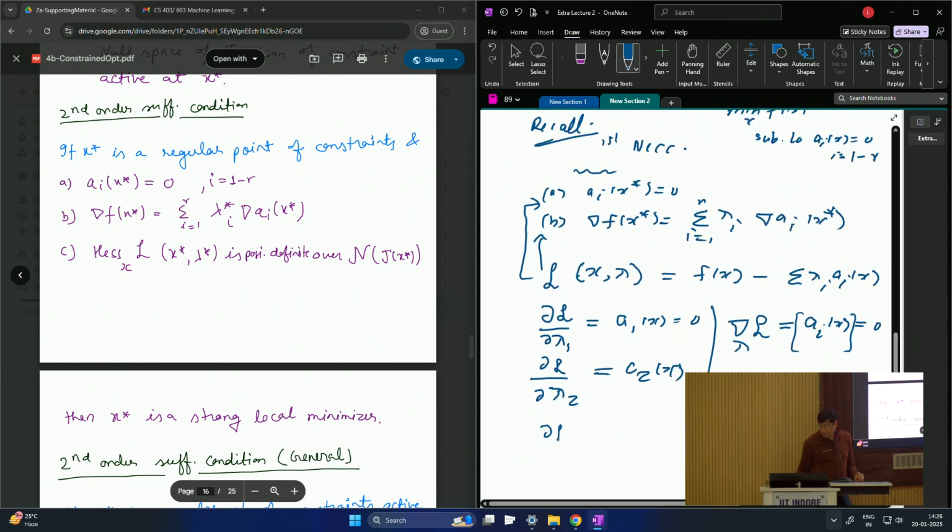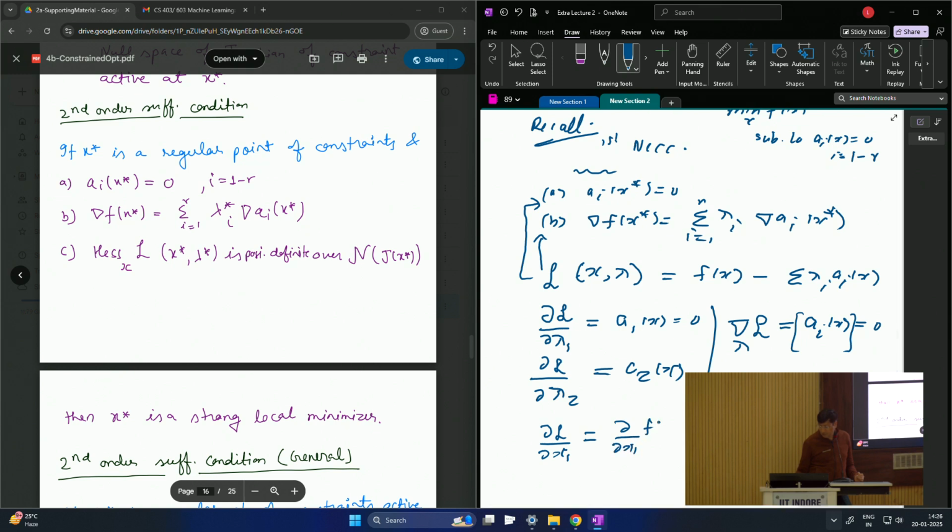If I do the partial of the Lagrangian with respect to x1, what will that be? It will be partial of f with respect to x1 minus summation lambda i partial of ai of x with respect to x1. Correct? If I do it with respect to x2, there will be partials with respect to x2. If we do xn, sorry, there are n x's, there will be xn.